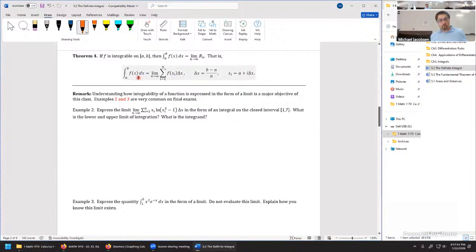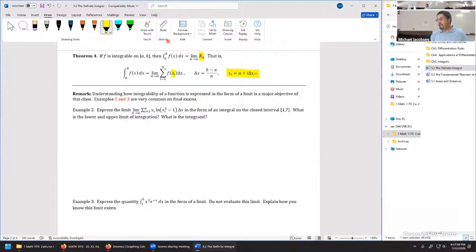When we're using a definite integral, we're finding the exact area under the curve f of x from a to b, which means it's a limit of the Riemann sum. And if we're doing Rn, that means we just put xi here.